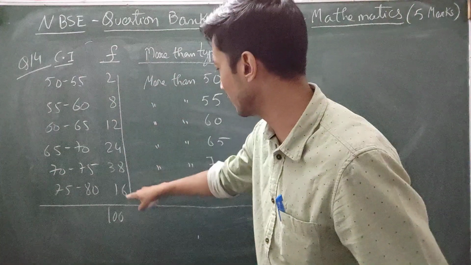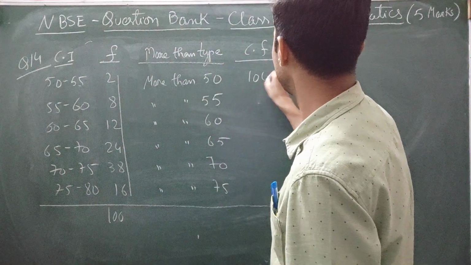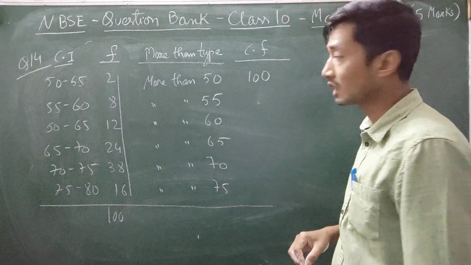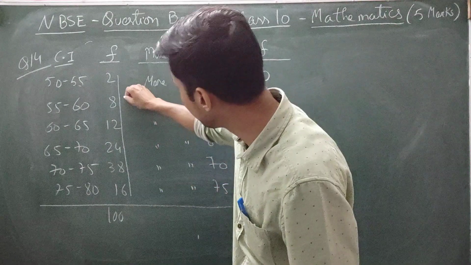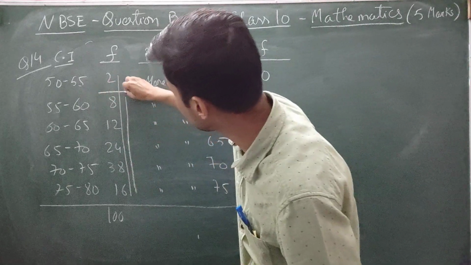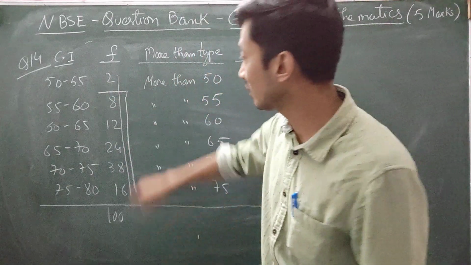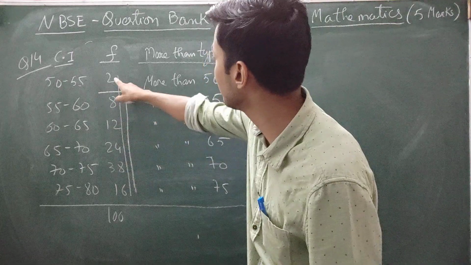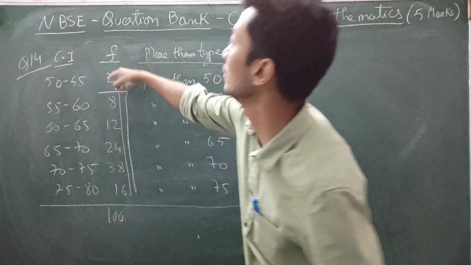So the total of this is going to be 100. Next, more than 55 starts from here. So if you add these values, or just subtract 2 from 100, because 2 are out.